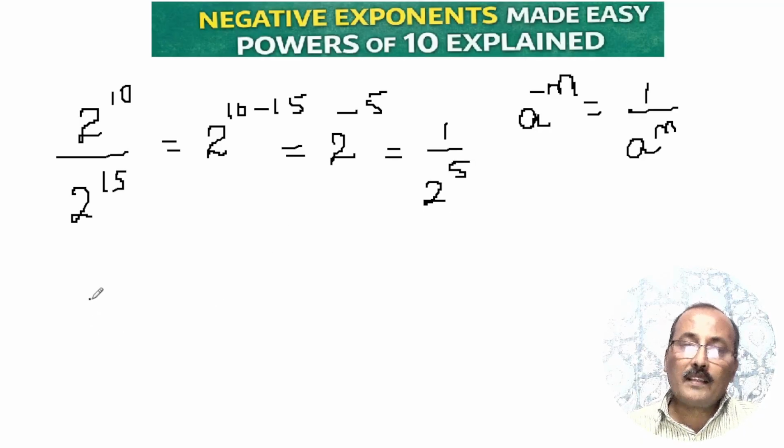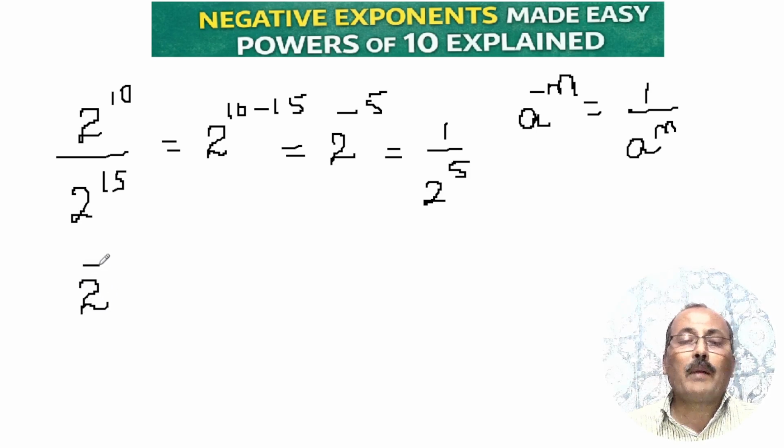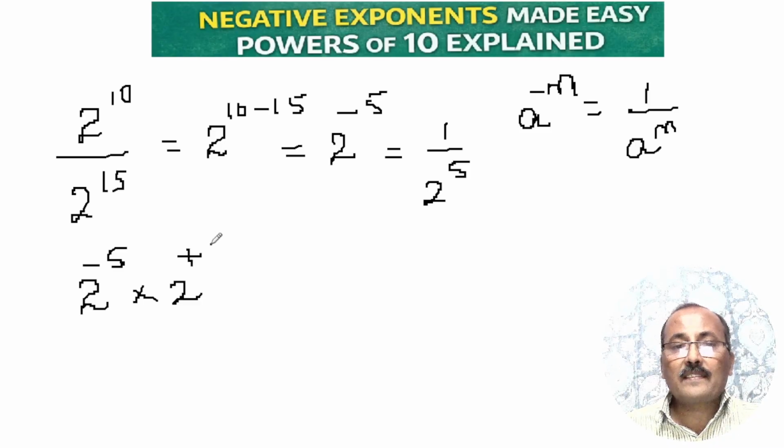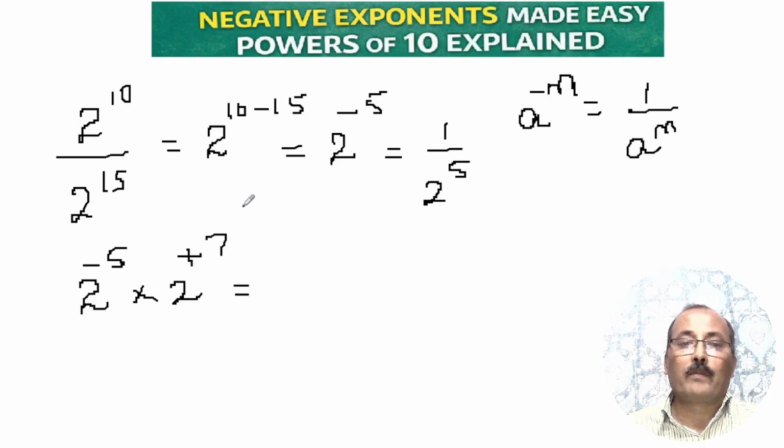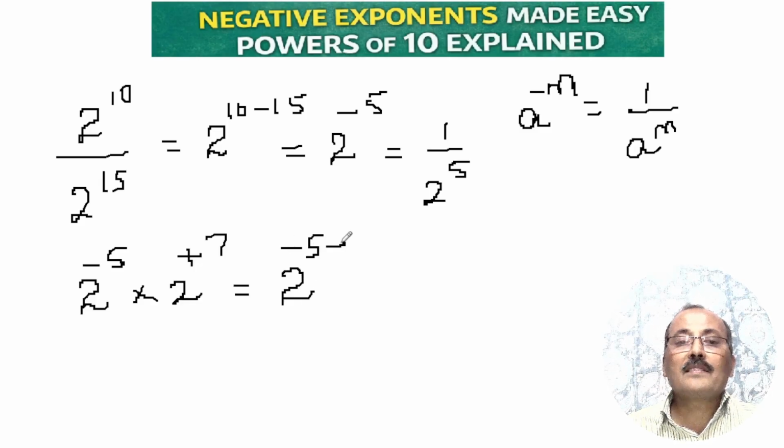Now, the same way, 2 to the power of minus 5 into 2 to the power of plus 7. We can use the same concept, a power m into a power n, so it is 2 to the power of minus 5 plus 7, because the exponents are minus 5 and 7.